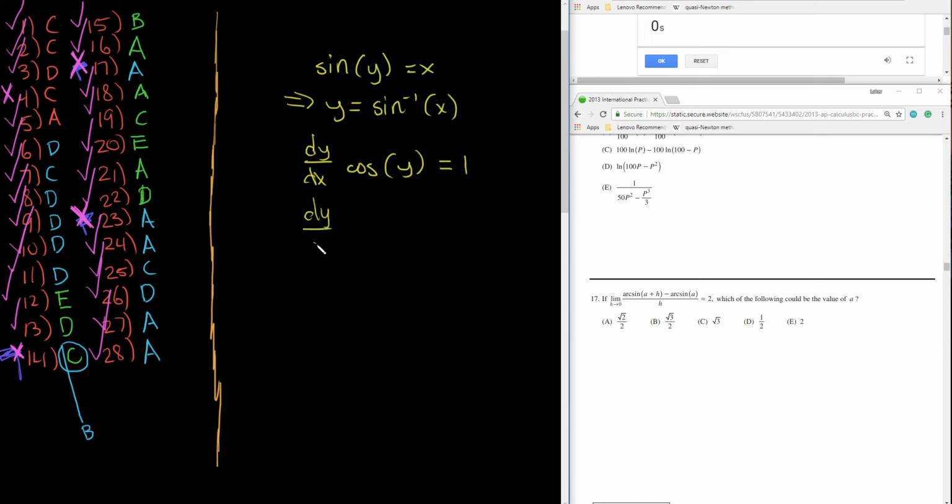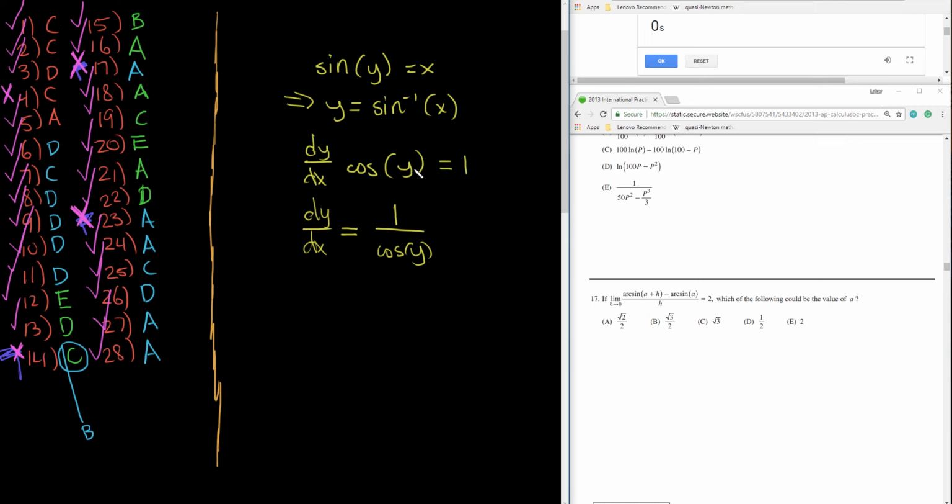So dy dx equals 1 over the cosine of y. Is that useful? Oh, could we solve this differential equation?